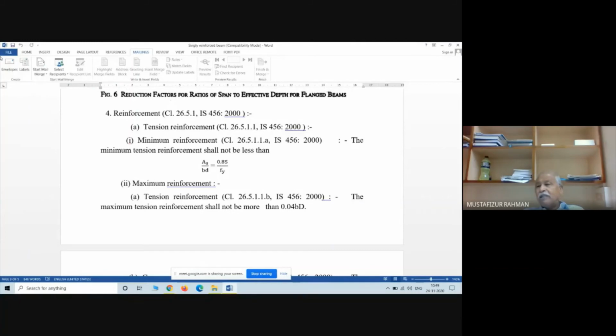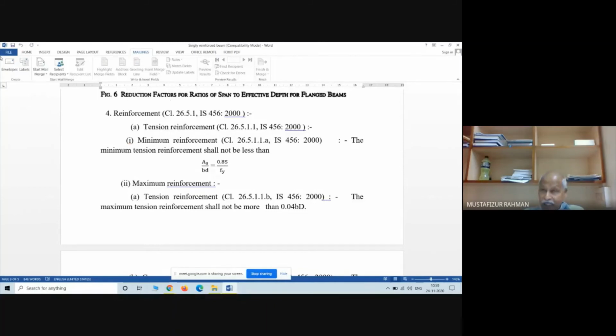Then there should be some maximum also. You cannot utilize as much steel as required. Why? The value is 0.04 bD. I have mentioned the clause.